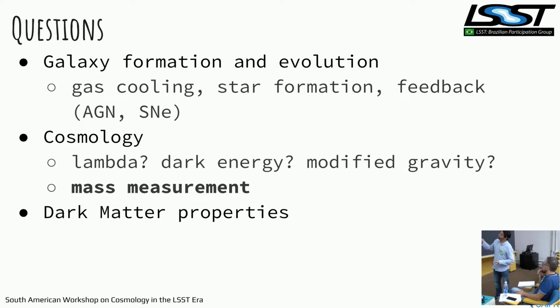Of course, the main thing here is to understand cosmology. Is it lambda? Is it dark energy? Is it modified gravity? And the key thing that will be addressed here is the mass measurement. This is the key to getting into cosmology. You really need to understand how the mass is measured for galaxy clusters, and who knows, to understand the dark matter properties.